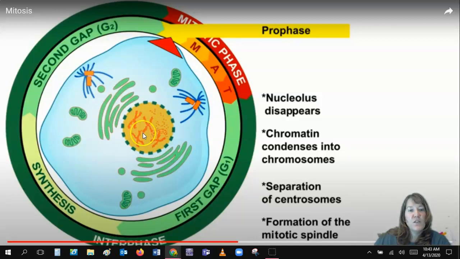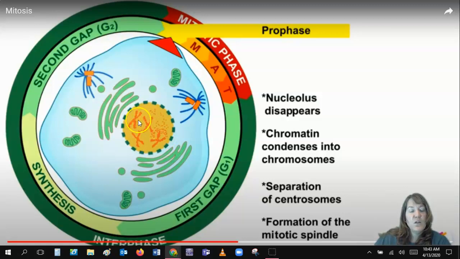So with cell division, you're not going to have your loose yarn ball of DNA. You're going to condense it down into these nice, tightly wound, very nicely packaged chromosomes. And that only happens during mitosis.